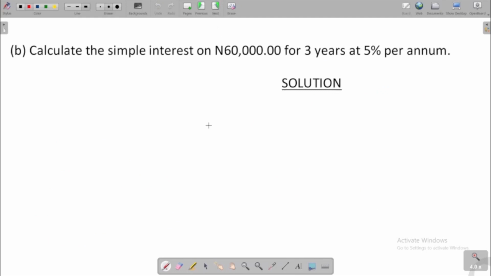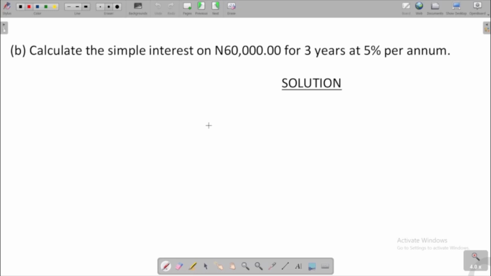The next question, number 1b, says calculate the simple interest on 60,000 for 3 years at 5% per annum. So this is talking about simple interest. For us to solve simple interest, this is a direct question.